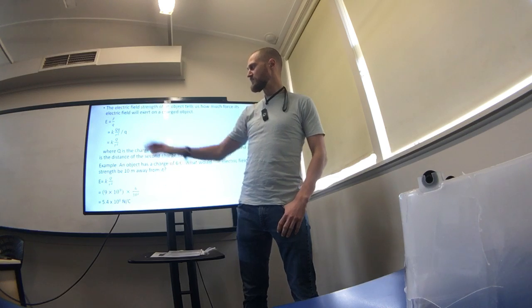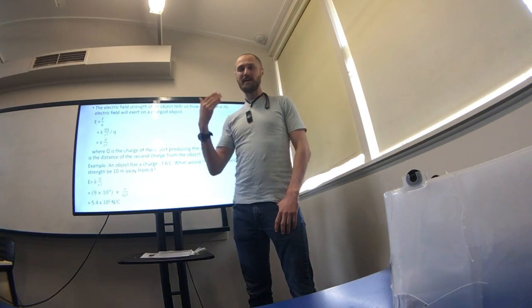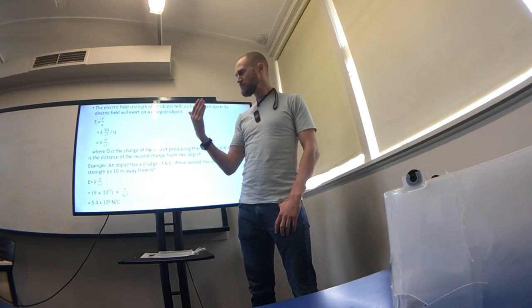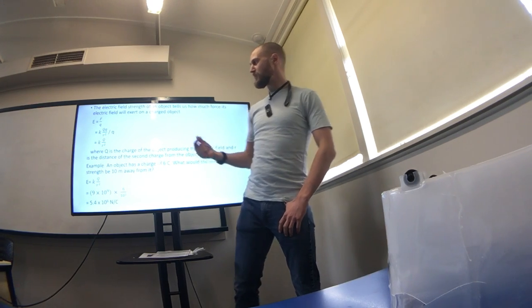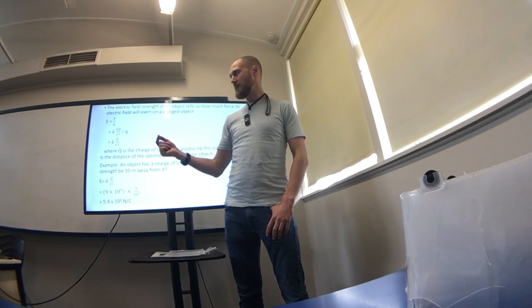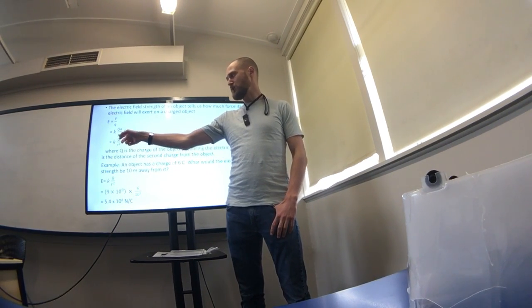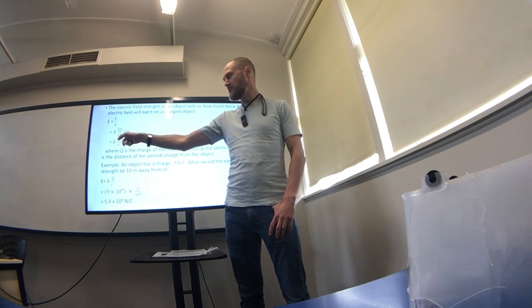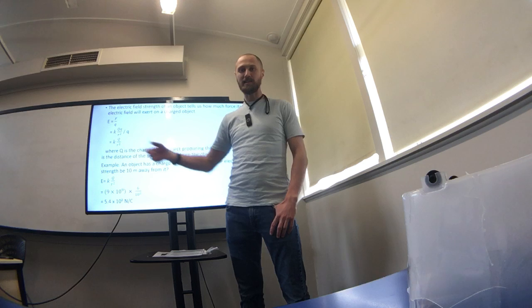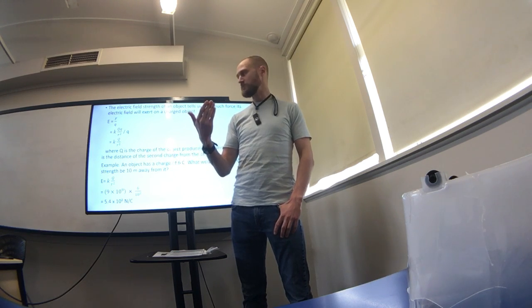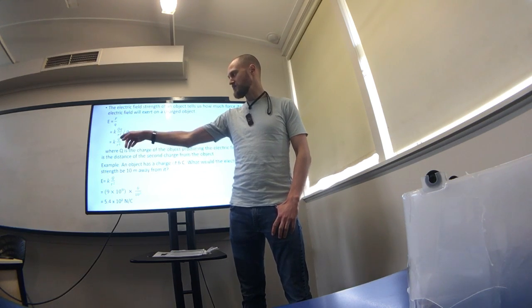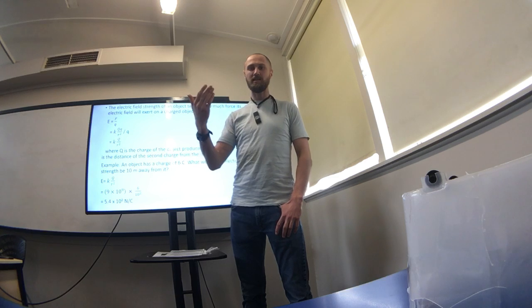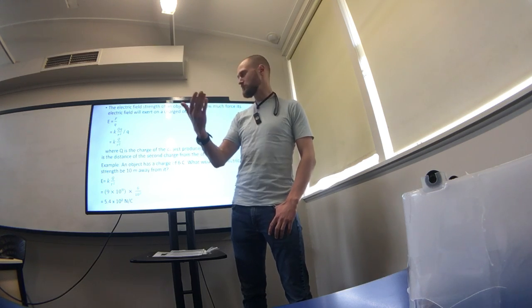The reason I did that is that it becomes a bit analogous to gravitational fields. When we talk about gravitational field strength, we talk about big M up the top of this equation. We'd have GM over R squared, and the big M would represent the mass of the object producing the gravitational field. So I like to be consistent with that and use a big Q to represent the charge of the object producing the electric field.